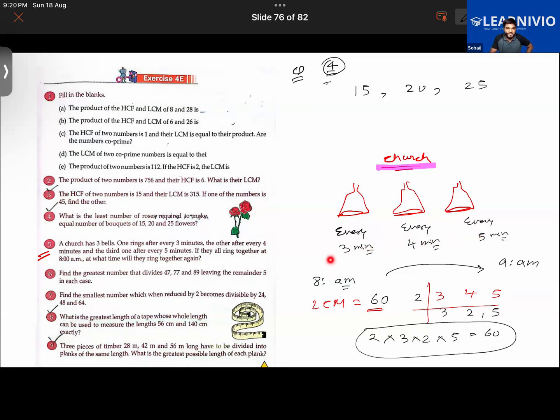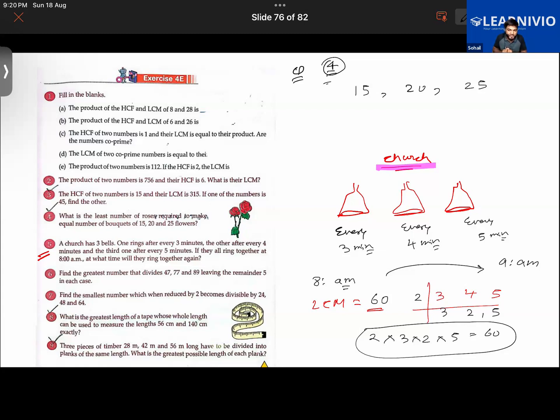The question mentions that if they all ring together at 8 a.m., whenever the clock strikes 8 a.m., all of them would be ringing together at the same time. Further, the question says: at what time will they ring together again?